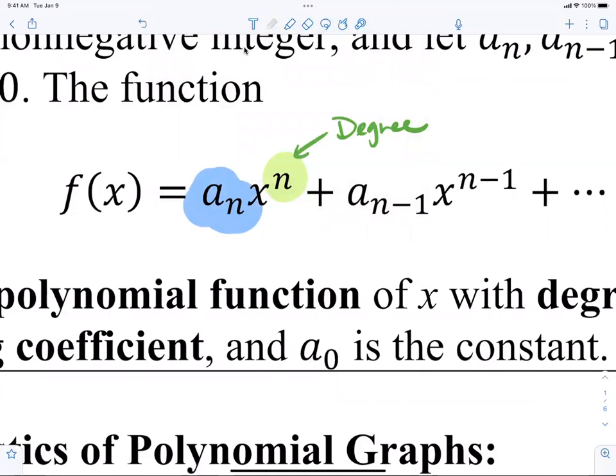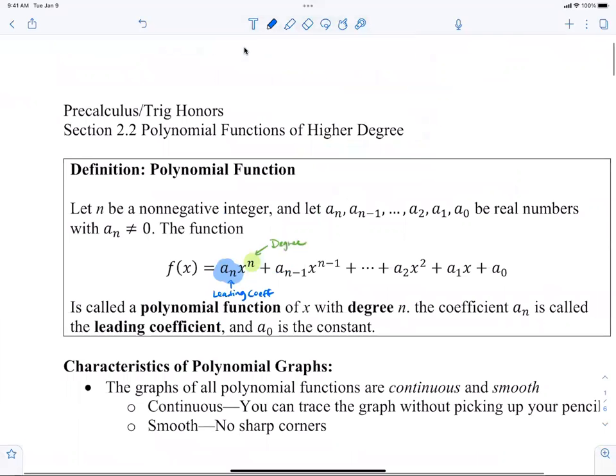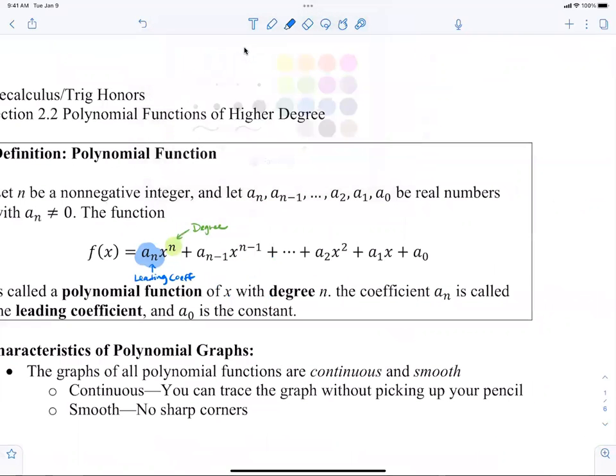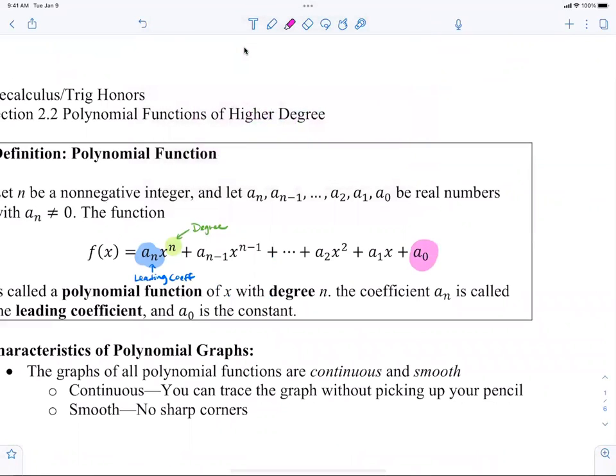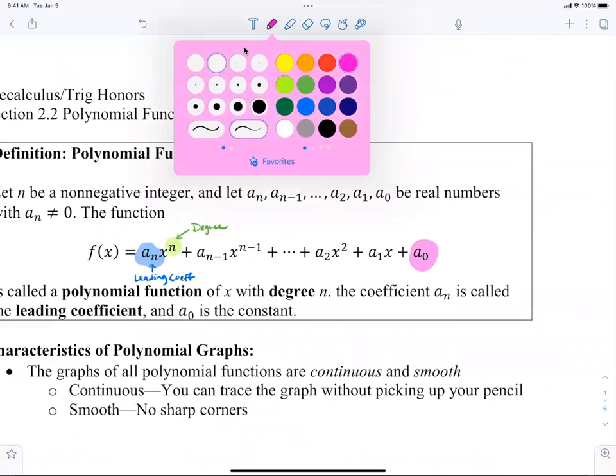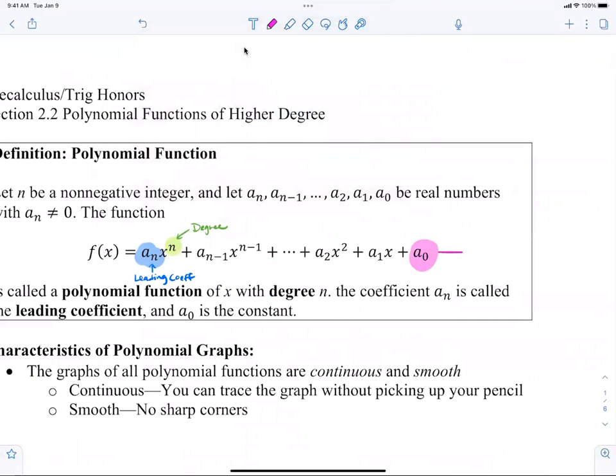A sub n represents the leading coefficient. And then a sub 0 is the constant that would correspond to the y-intercept. Right, so the y-intercept would be 0, comma a sub 0.